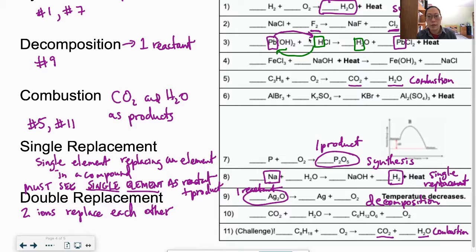Okay, so we have a double replacement going on. So this would be double replacement. I'll abbreviate it DR. Sometimes I abbreviate these DR and SR. And then if you look at number 4, again here, you have Fe over here, and Fe on the right over here.